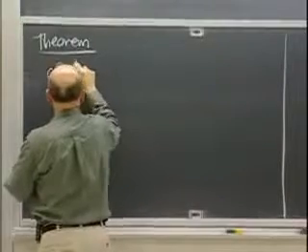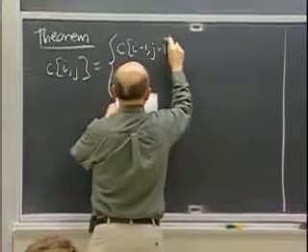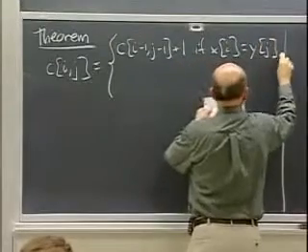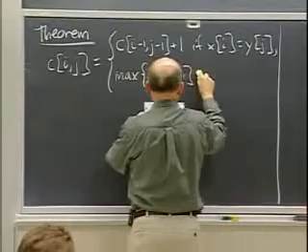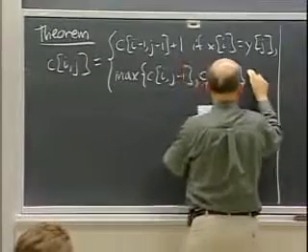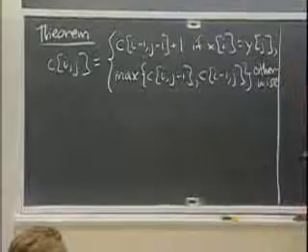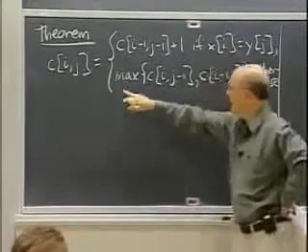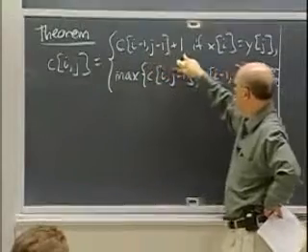Okay, so our theorem is going to say that C of ij is just, it says that if the ith character of x matches the jth character of y, then C of ij is just C of i minus 1, j minus 1, plus 1.